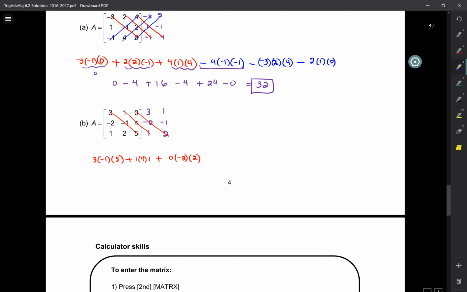Now we're going to go in the other direction. Oh no, what did I do? Hang on. For the first diagonal going right to left, is it 4 times negative 1 times negative 1? Doesn't that make negative 4?